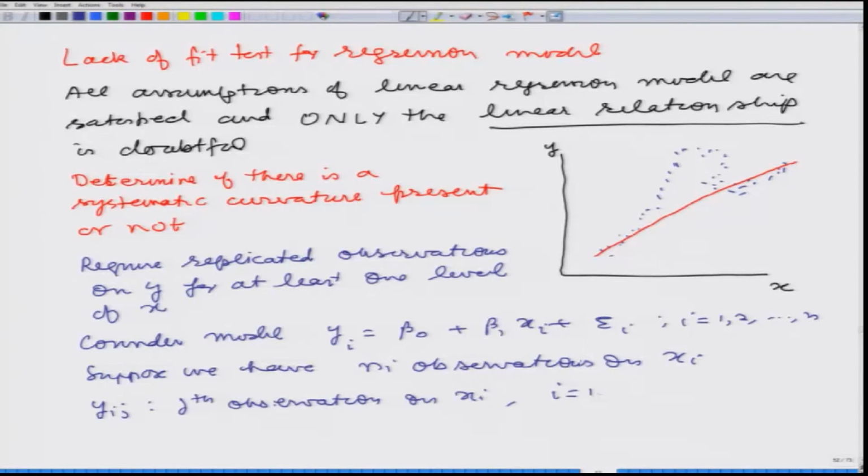So, here i goes from 1 to, say, m, and j goes from 1 to, say, ni. And n is equal to the summation of ni, i going from 1 to m. This denotes the total number of observations. Now let us try to develop this test.